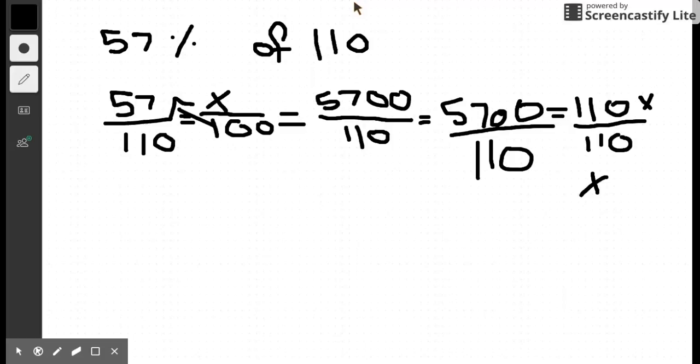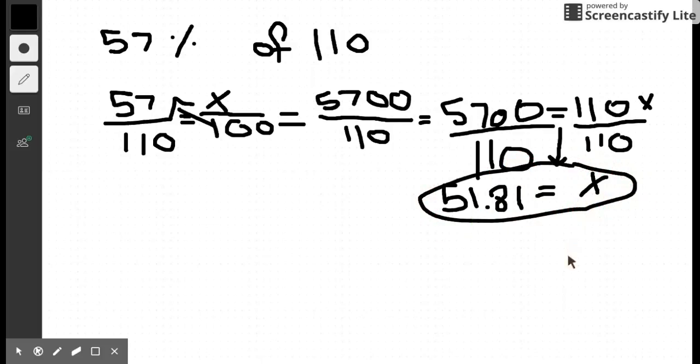That equals 51.81. Then x equals 51.81. And that is your final answer.